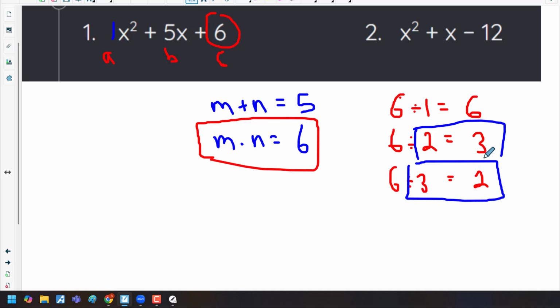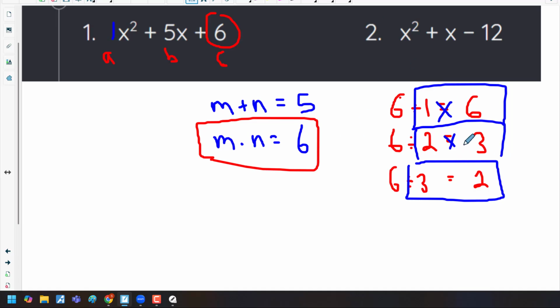So 6 has 4 numbers that can be the factors. That's 1 and 6, so 1 times 6, and 2 times 3. Those are the only 2 possible ways to make 6 by multiplying 2 numbers: 1 times 6, 2 times 3.